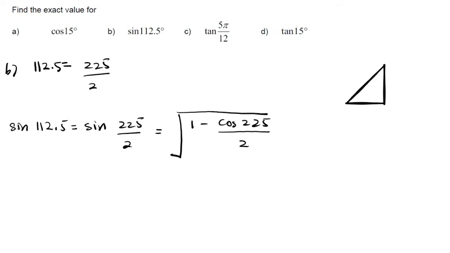As we look at this cos 225, if we draw the angle for 225, we know that initial to terminal will stop here. So we know that this is the reference angle. So 225 minus 180, we get 45. So cos 225 is equivalent to cos 45. But remember, this is quadrant 3.